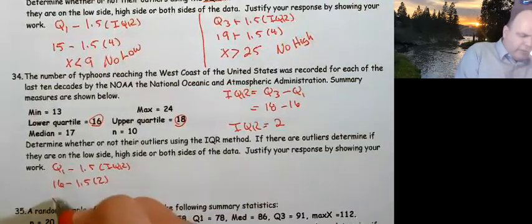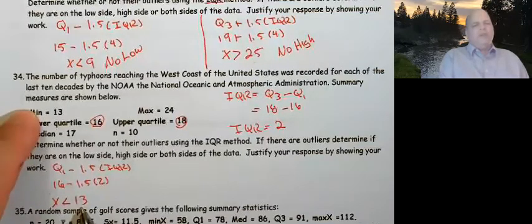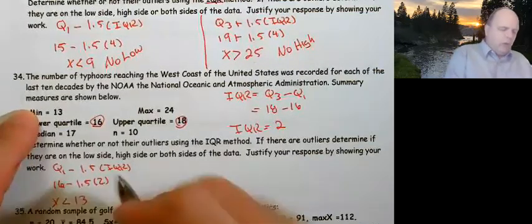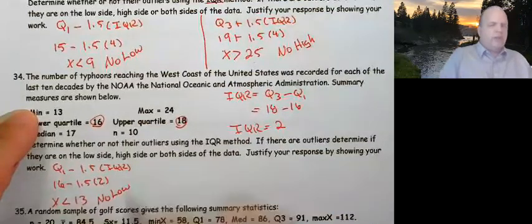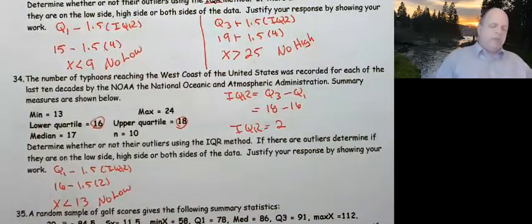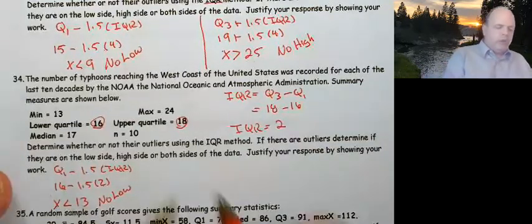So X has to be less than 13. Our minimum value is 13, so no low. All right, because remember, if it's on the fence, there's not an outlier. If there had been a 12.9, it would have been an outlier, but since it's 13, that's our smallest. Our minimum value is that. We have no outliers on the low side.